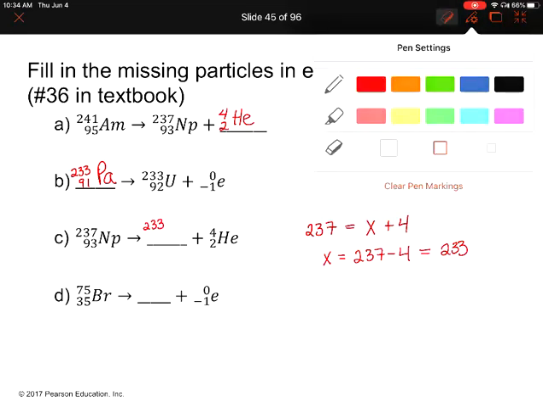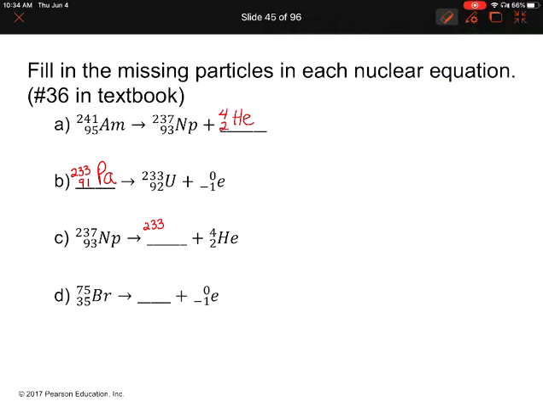Okay, now let's solve for the atomic number. All right, so 93 is on the left, and that will equal x plus 2. So if we rearrange, x is equal to 93 minus 2, which is 91. Okay, so we already looked this up on the periodic table.